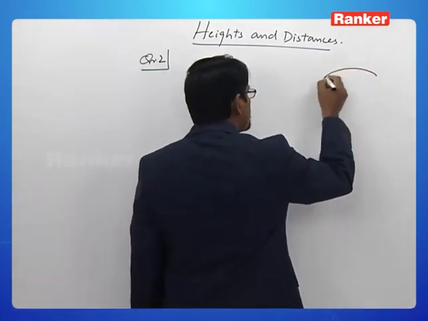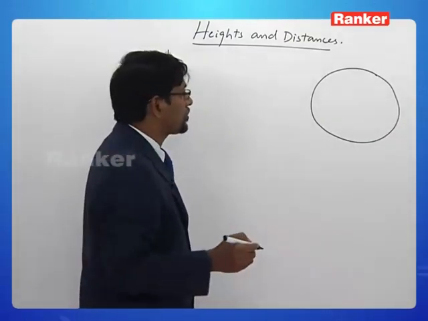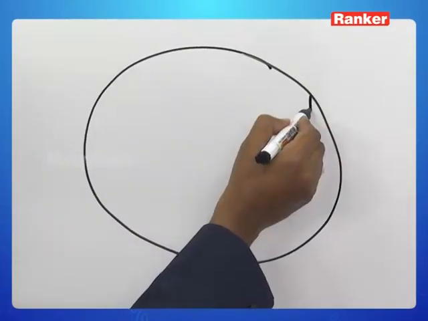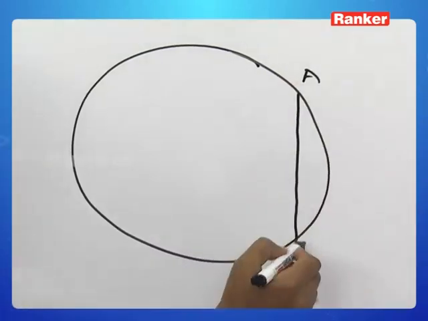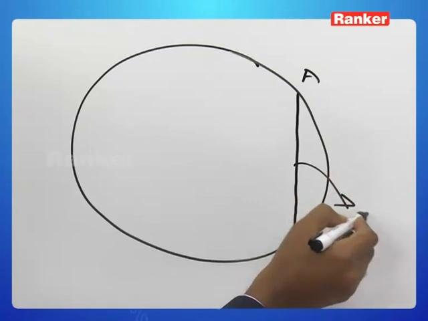Now we have a circular park. Let us say AB is a chord of length a. This length is a.